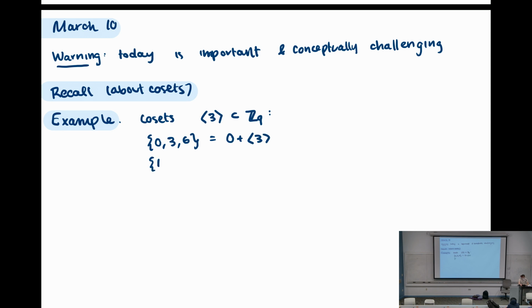We had this coset, and this is equal to 1 plus the subgroup generated by 3. You can also write this as 4 plus the subgroup generated by 3, or 7 plus the subgroup generated by 3. And then lastly, we had 2, 5, 8.